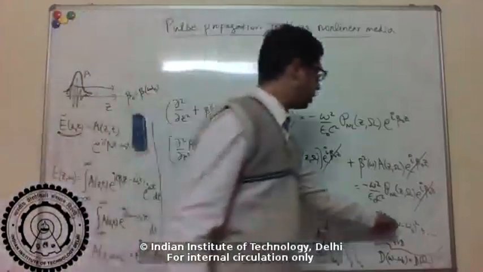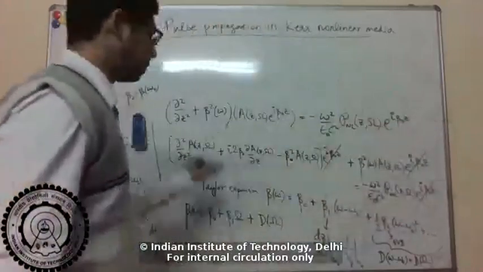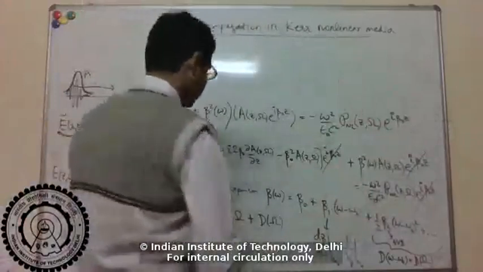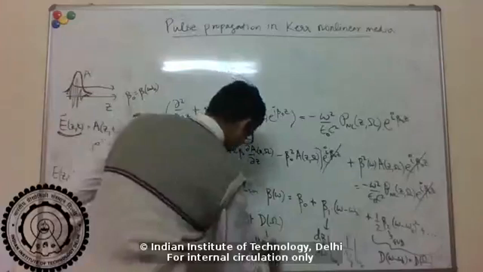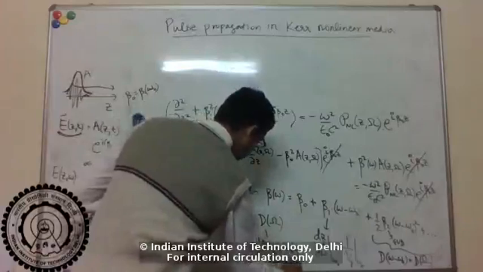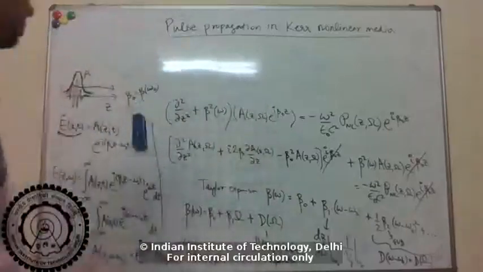It starts with beta 2, beta 3, how many ever terms you want to keep. All that's combined in this D of omega, which is called the dispersion operator.